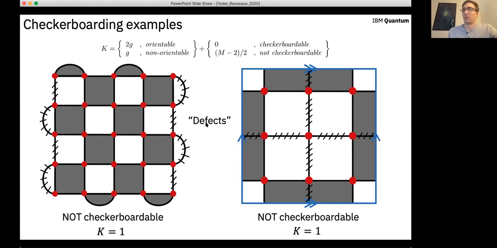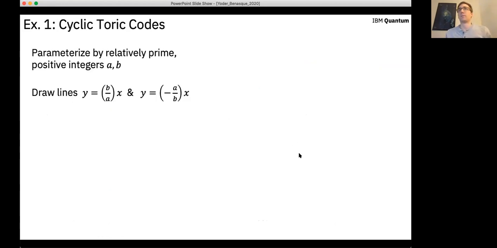And these defects are similar to what you see in Bombin, sometimes called domain walls. These are places where, in our language, the faces on either side are colored the same. So it's a defect in the checkerboarding. And I'll just represent them with these stitched lines.